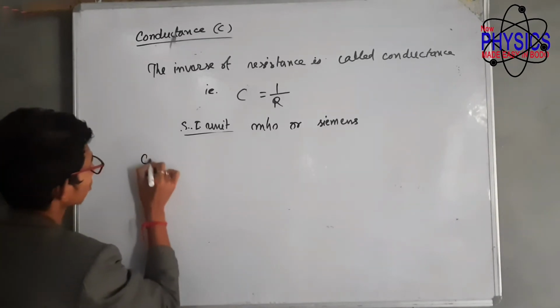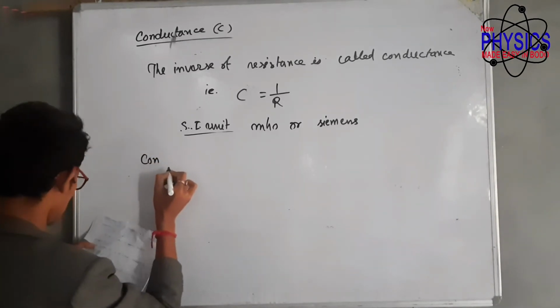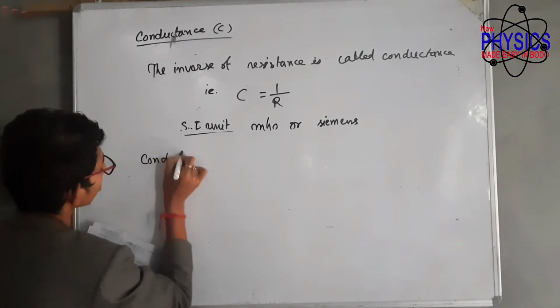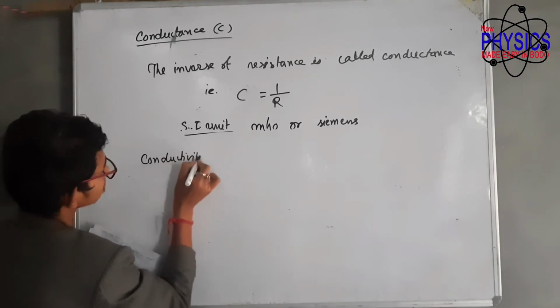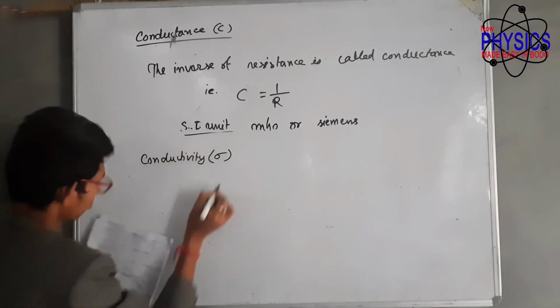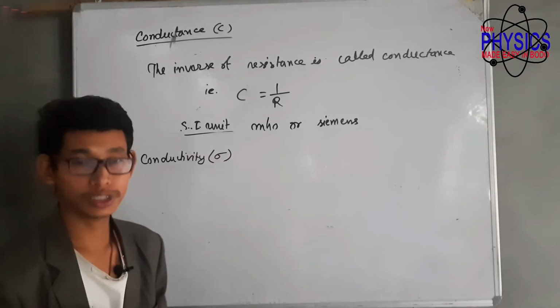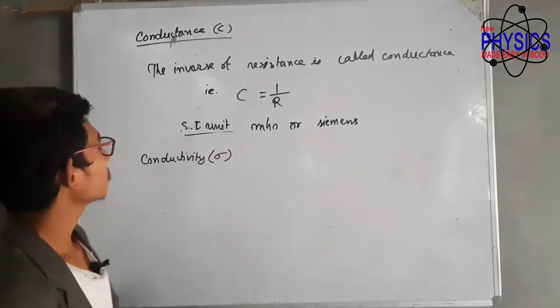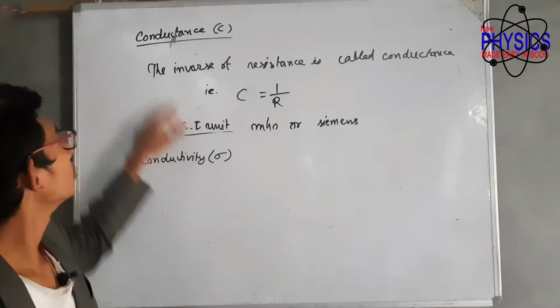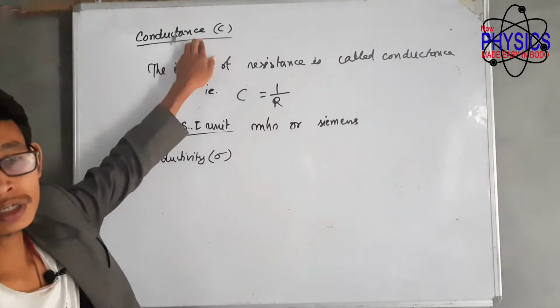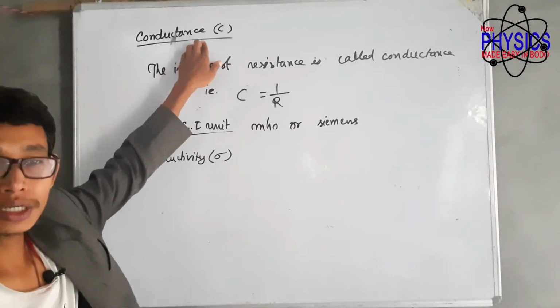Next is conductivity. This is represented with small letter sigma. Conductance is the reciprocal, the inverse, of resistance.